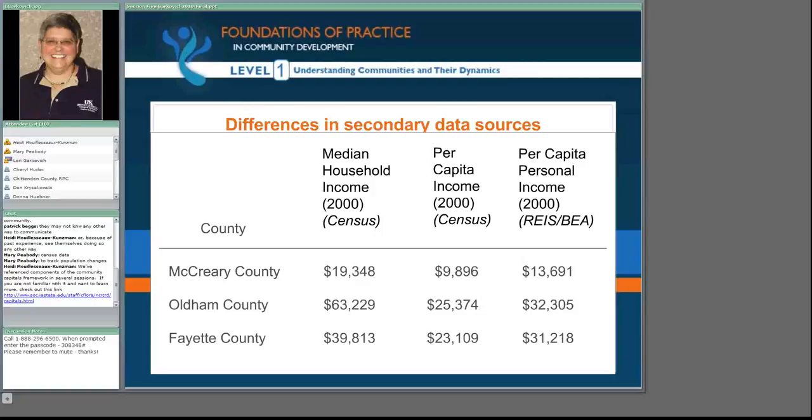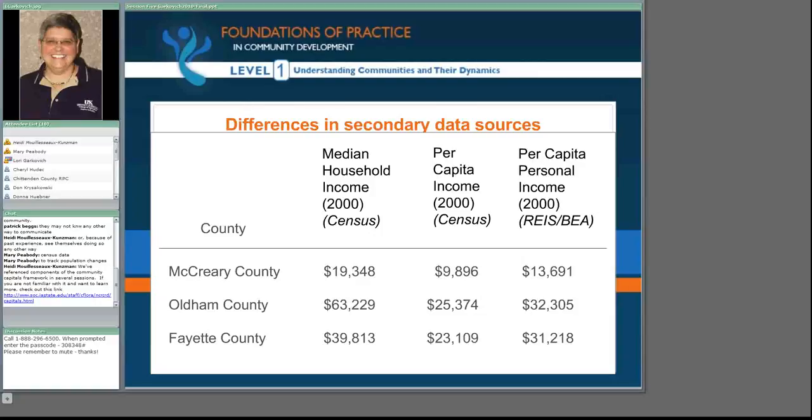And we can also get secondary data on per capita personal income from what is called the Regional Economic Information Service, which is also part of the Bureau of Economic Analysis. And here again, it's also per capita personal income, but we get a very different perspective.